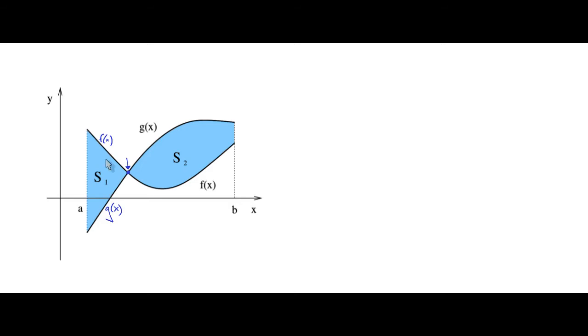So we want the integral between a and the point of intersection of f minus g, and the integral between that point and b of g minus f. We can write this in a general way: the area of this form S is the integral between a and b of the absolute value of g minus f, or f minus g, it doesn't matter.